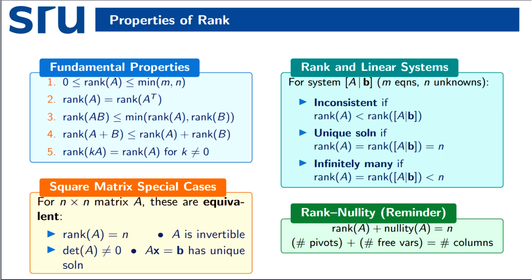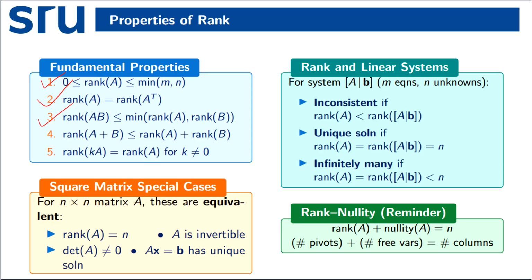So now the properties of rank. The fundamental properties involve: rank of a given matrix A will be greater than or equal to 0 and less than or equal to the minimum of the number of rows and columns. Okay. Second property involves rank of A and A transpose are equal.